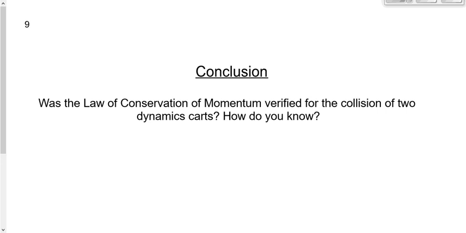So yes, the law of conservation of momentum was verified. This is known because, and then briefly explain how you determined that it was verified, or no, it wasn't verified, and then we know this because, briefly explain how you know that it wasn't verified. Percent difference was 38%. Hopefully it won't be that high, but sometimes it is.